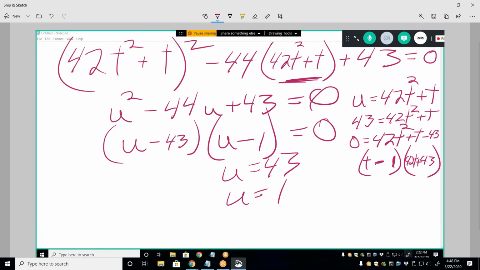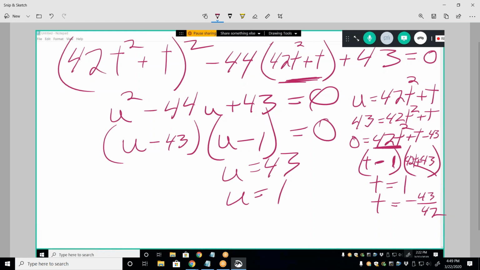But because I could see that 43 was going to be one of my numbers, I know that that times 7 is never going to produce the middle term correctly. So I was able to gather that this had to be broken up as t times 42t. Okay? This gives you solution t equal to 1 and t equal to minus 43/42.